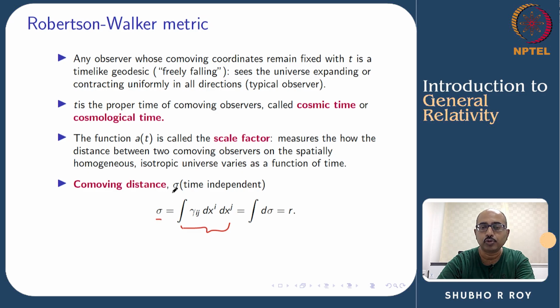So this is called the co-moving distance, and for two co-moving observers, because their spatial coordinates rho, theta, phi are fixed, that sigma will not change. I'm going to denote it by chi equal to the integral of d sigma. Some people also denote it by r if you take them to be radially located. Because of isotropy, I can choose anything to be my x-axis or y-axis. And then if I use r, theta coordinates, this integral of d sigma will be equal to r as well.